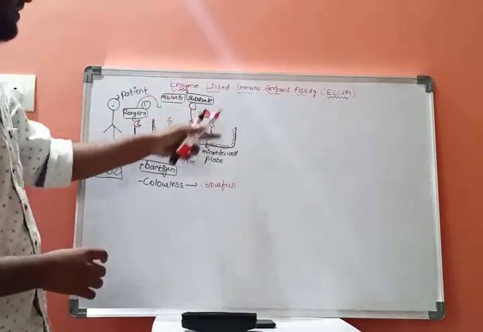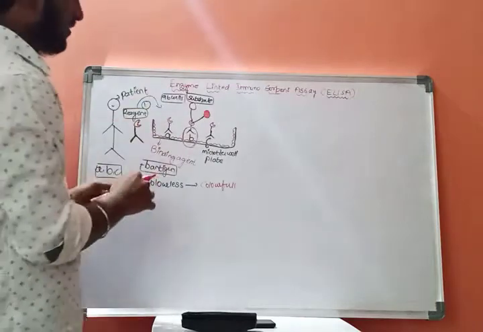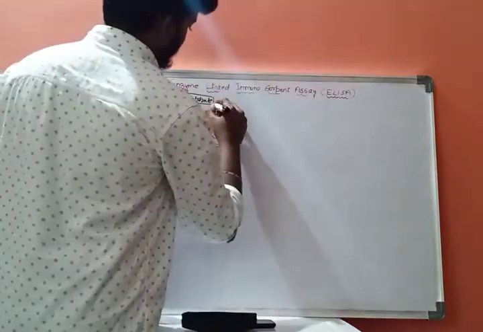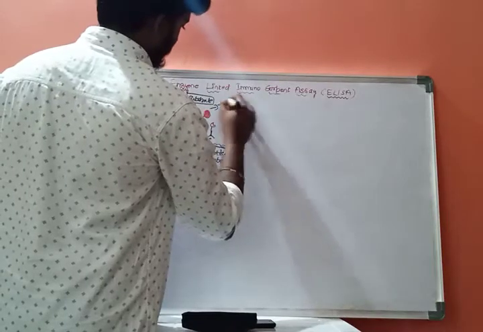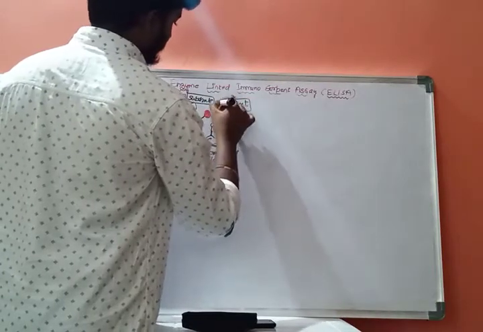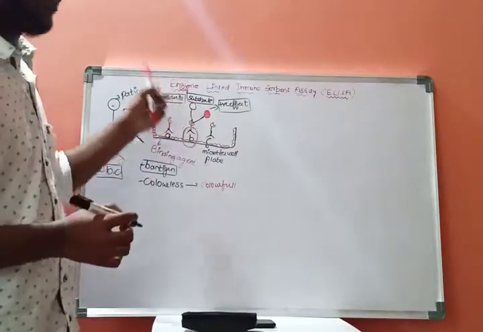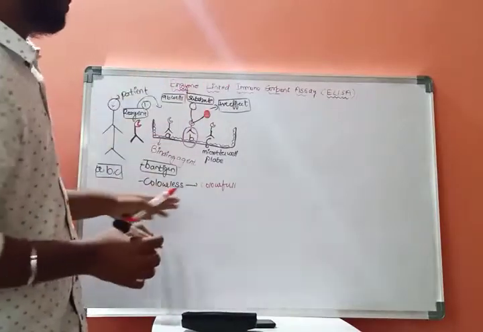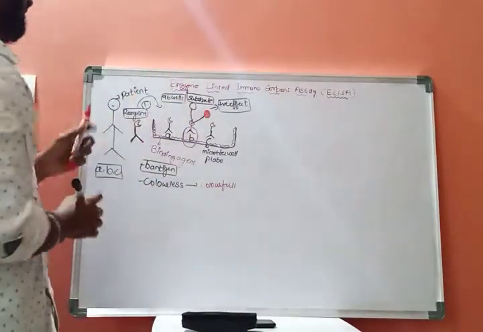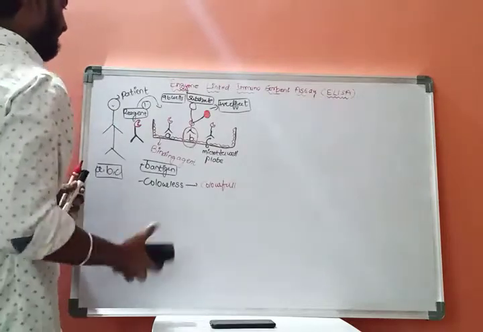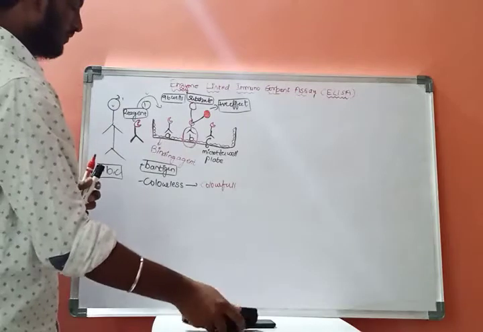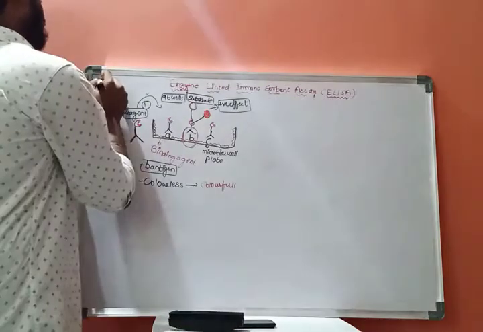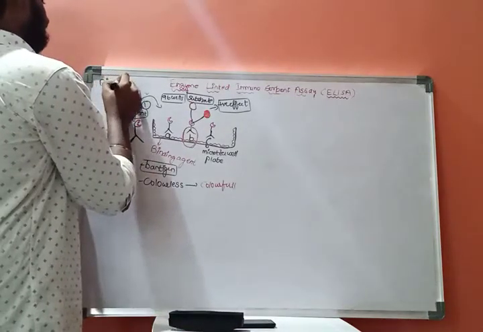When this colorful substance is formed, it shows positive effect. Colorless substance converted into colorful substance, then it shows positive effect, and this type is called direct ELISA.